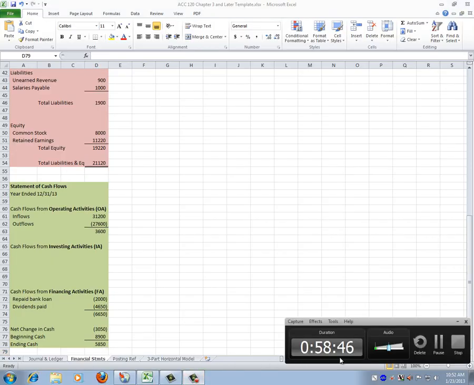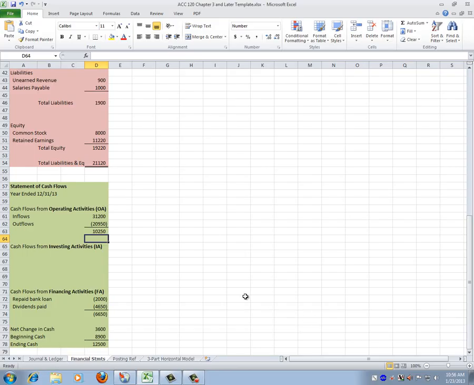Let me pause the recording. Okay, I'm back. I had forgotten that included on those right side outflows of the cash account, not all those were operating, so I had to correct that figure here. The operating outflows total 20,950, which makes our revised operating subtotal 10,250 inflow for the period, that when combined with the other financing, in this case only subtotal, comes to a net inflow of cash for the year 3,600.